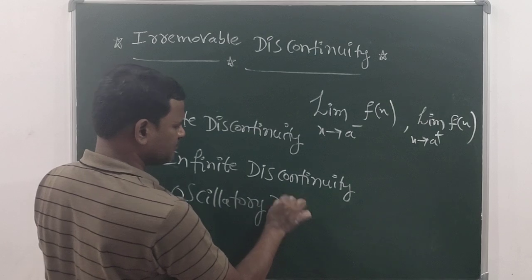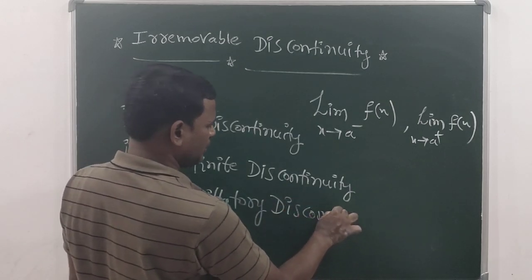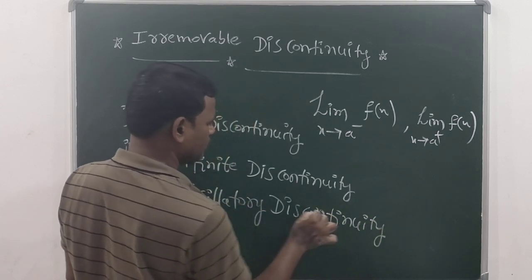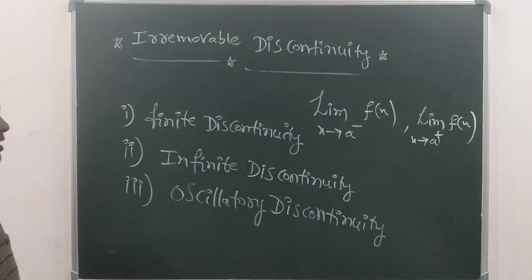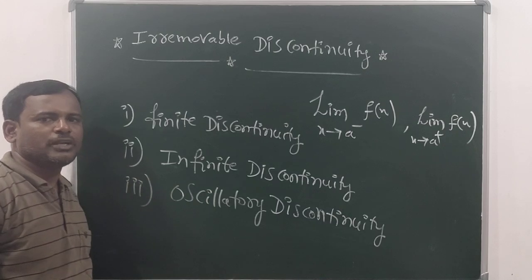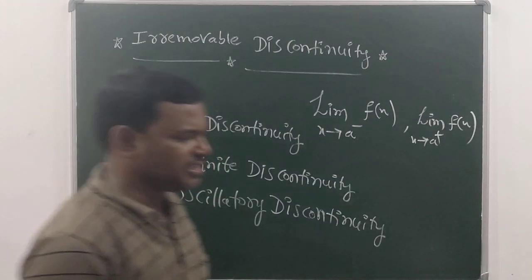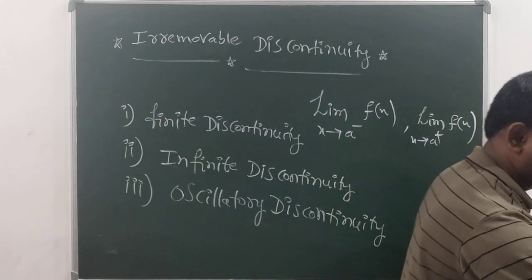We have three models: finite discontinuity, infinite discontinuity, oscillatory discontinuity. Now let us check one by one.